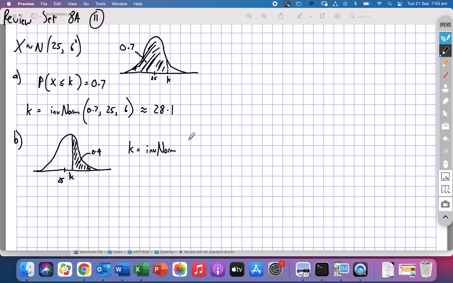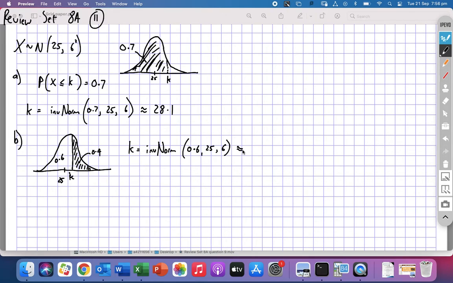Inverse norm, 0.6. So if I'm always working from the left and there's 100% area under the curve, or probability of 1, then I'm going to put in a 0.6, 25. I know my answer should be bigger than 25 but smaller than 28.